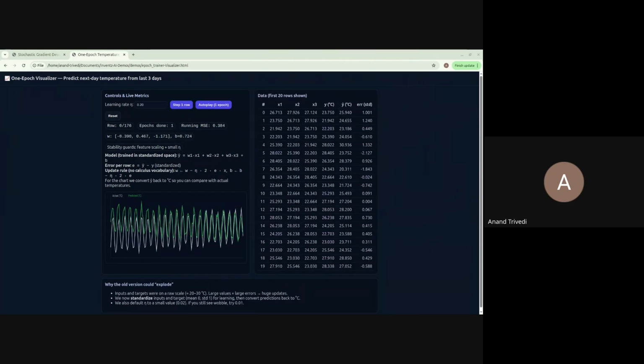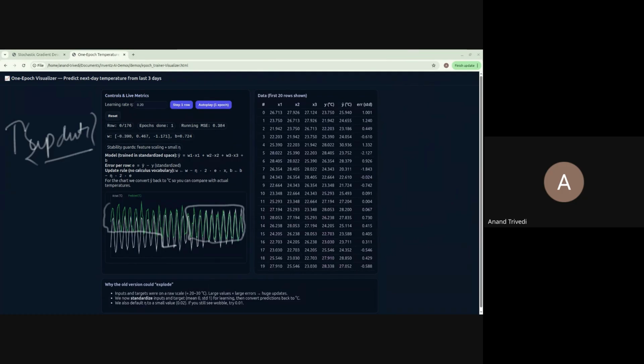If you see this part here, it did not fit very clearly. It has fit here clearly, but not here. With high learning rate, the updation was very fast, but basically it is trying to fit these values.